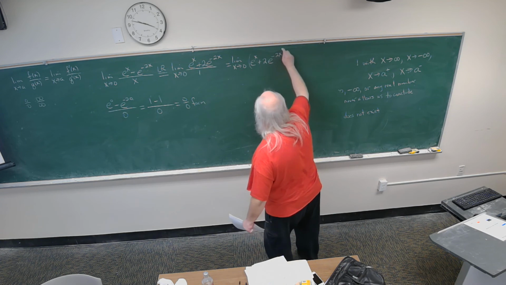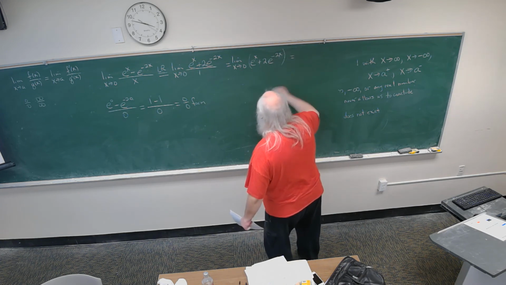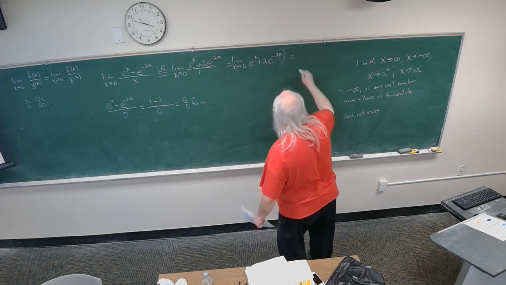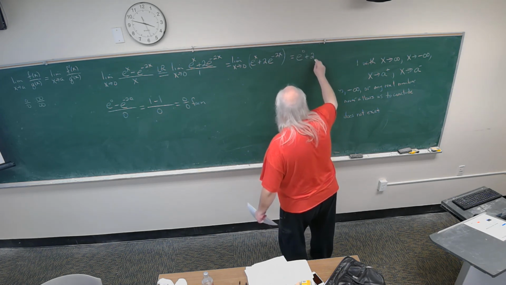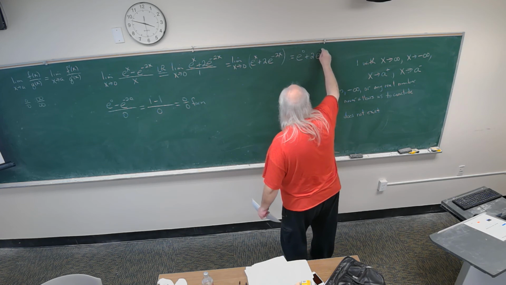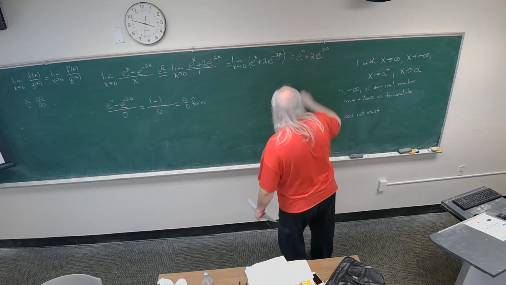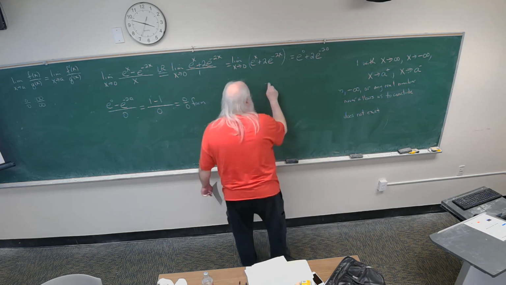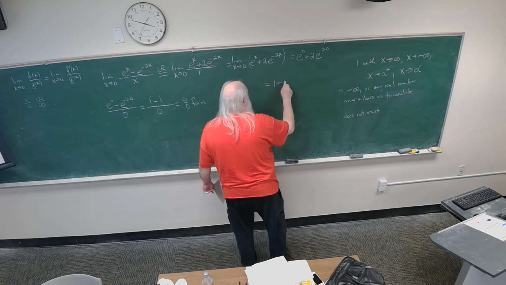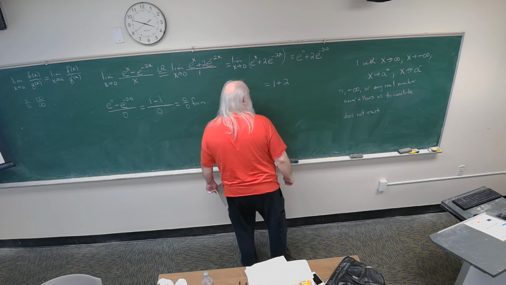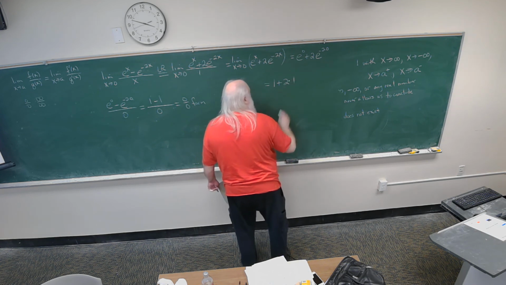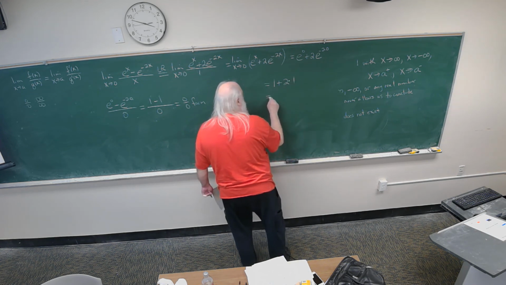I might want to put that in parentheses. Now you can do the direct substitution. You have e to the 0 plus 2 times e to the minus 2 times 0. Well, e to the 0 is 1. E to the minus 2 times 0 is e to the 0, which is 1. So we have 1 plus 2 times 1, which is 3.